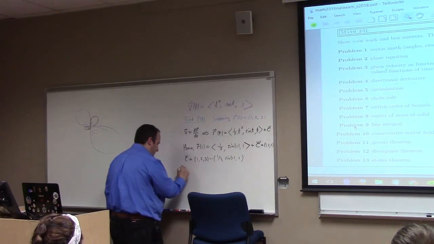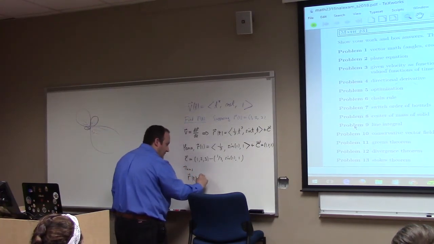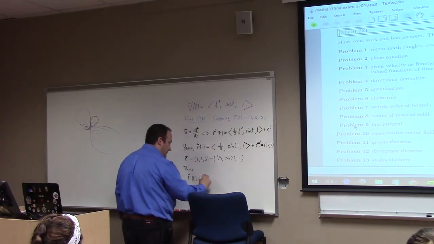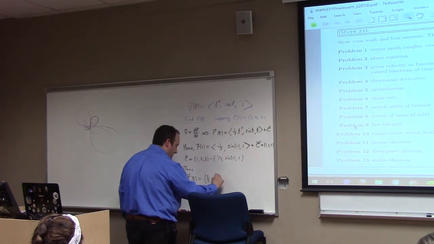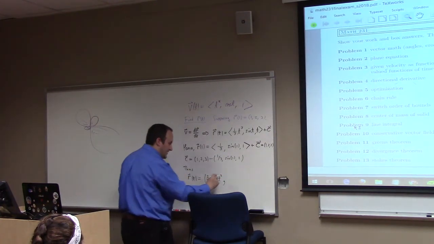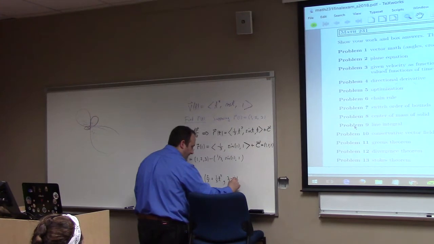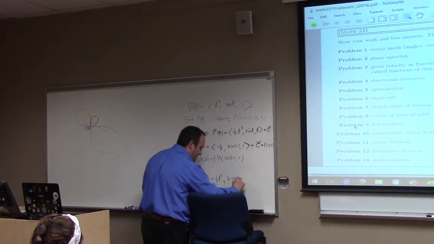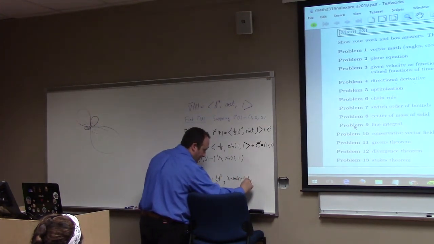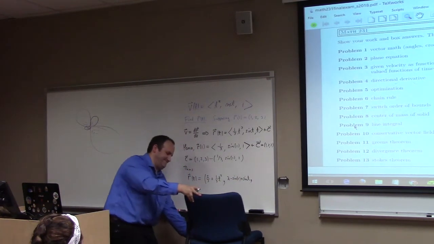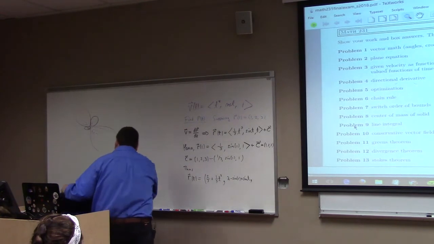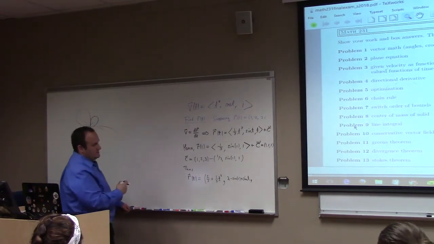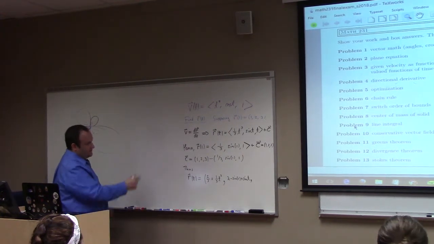So that tells me, thus, the position as a function of time is 2/3 plus 1/3 t cubed, 2 minus sine of 1 plus sine t, and, where was I? Oh, t.